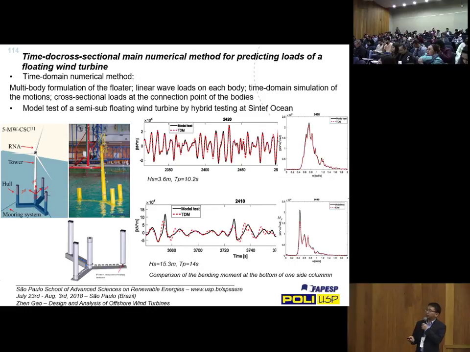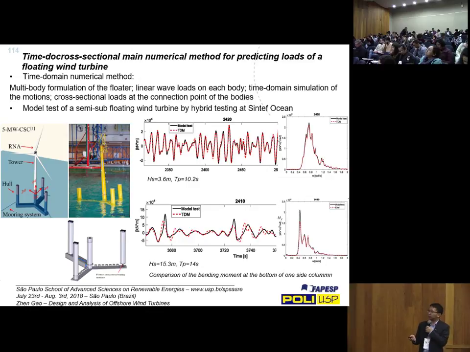Another issue is that we also look at the loads in the floater. In the test, we cut the column so that we mount a load cell so that it can measure the load at the cut. And then we also compare with the numerical model, where you have to separate the floater into two bodies. So you estimate the wave excitation loads at the two bodies, and then you do the numerical dynamic analysis.